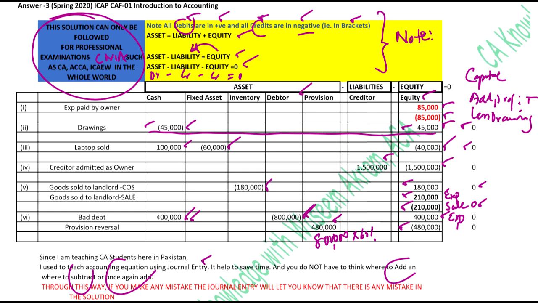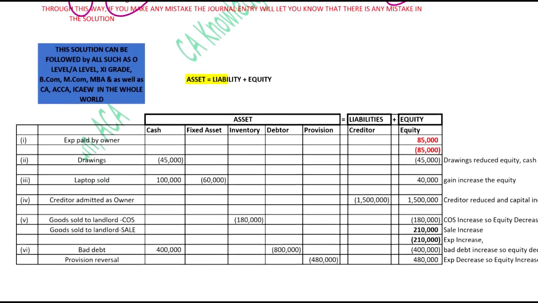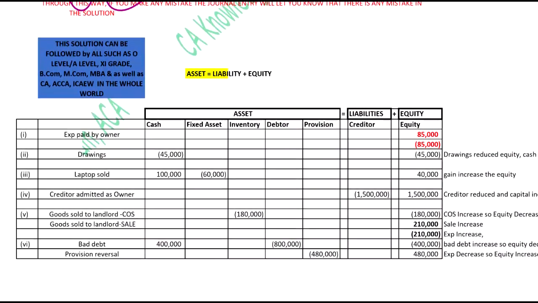Now the question is how a person who is in class 11, BCom, MCom or other, will solve this. So what he will do, CA students can also do like this.